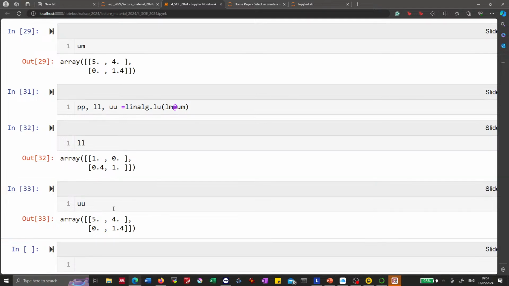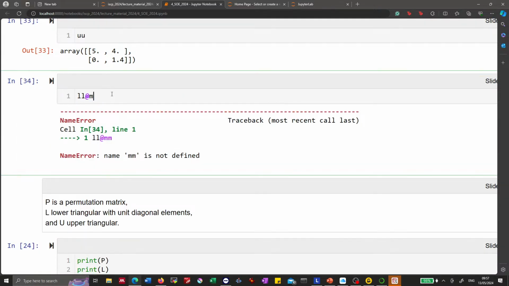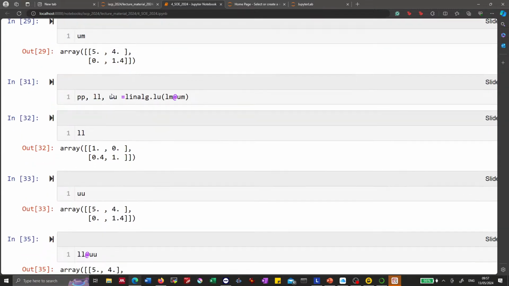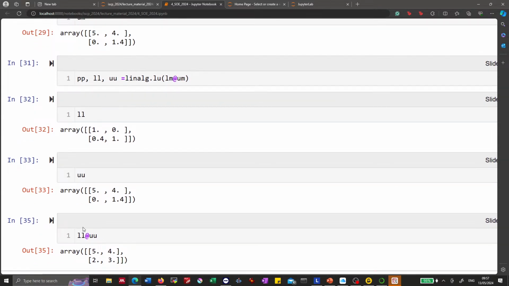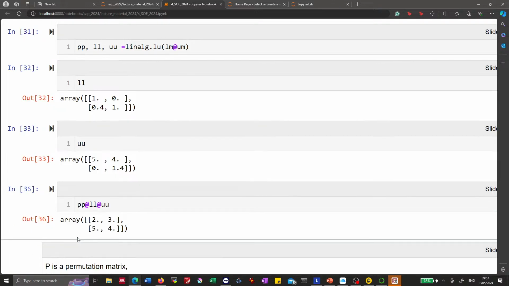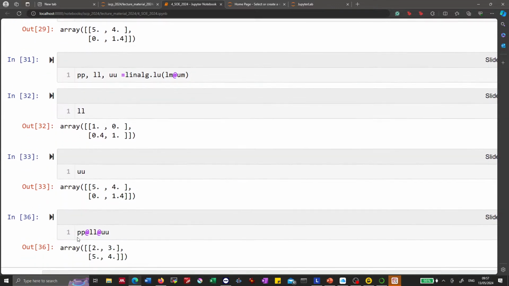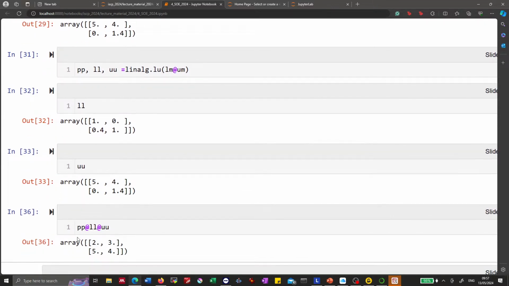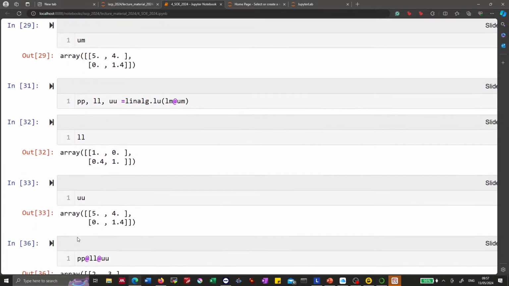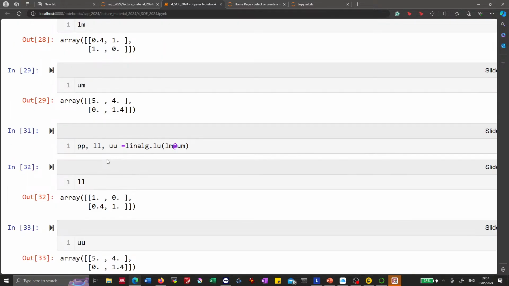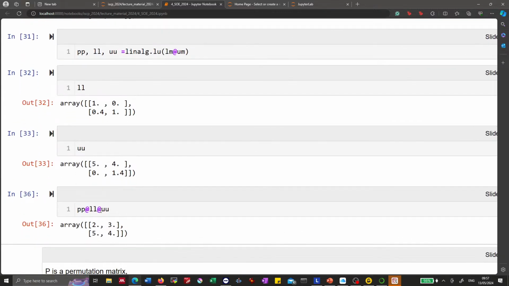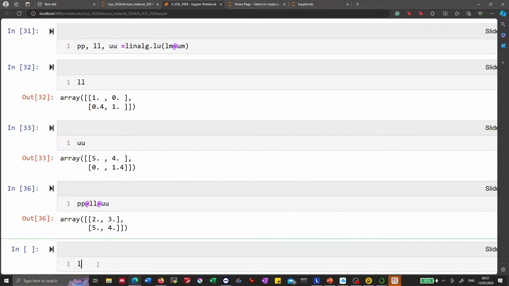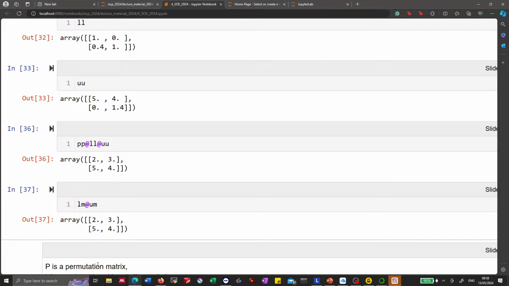Now the problem is that in lower and upper triangular form, LL times UU, did I make a mistake now? LU. Ah, it's the same, very good.